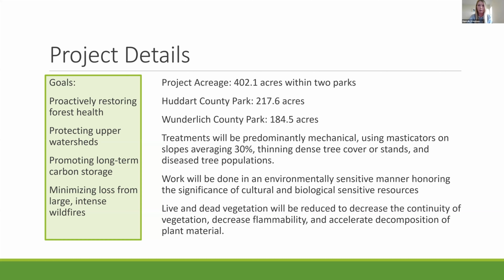The targets will be mostly understory vegetation and trees less than 8 inches in diameter, and also larger trees that are currently dead or have been affected by sudden oak death or other disease and are still standing. The treatments are planned to minimize negative environmental effects and to protect the desired biological and cultural resources in the parks.